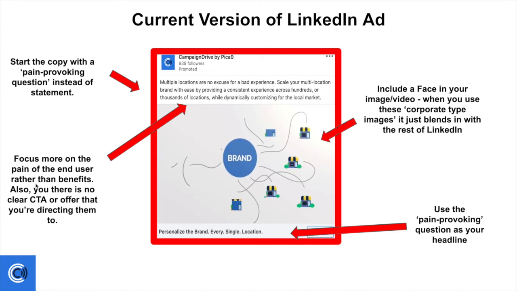Okay, now the fourth thing I'd say as well is focus more on the end user. Now I've mentioned that when I was talking about the copy, but like I said, write your ads, okay, like you are speaking to an annoyed friend. An annoyed friend that has the problem that your software solves, okay? By doing it like that, the person then reads the ad and they can relate with it, okay?